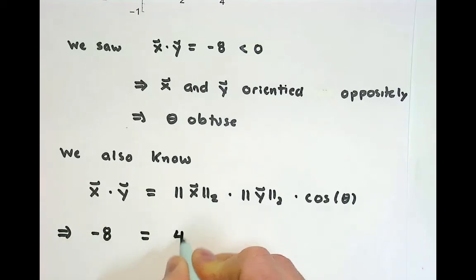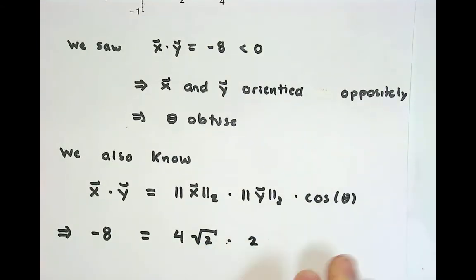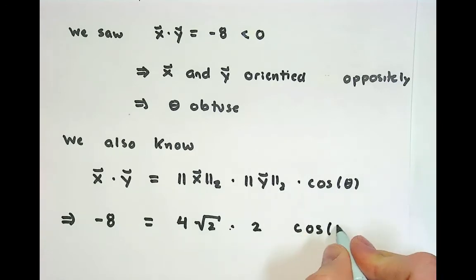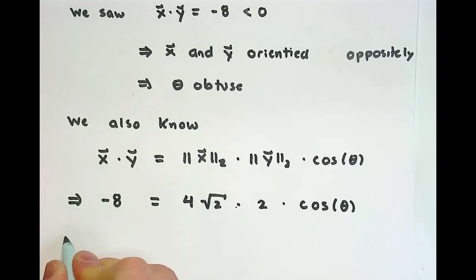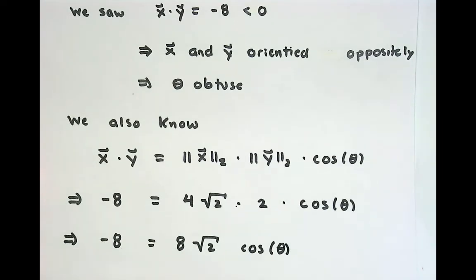We knew that the 2 norm of x was 4 square roots of 2. And then we know that the 2 norm of y was 2. This is from the work we did previously. And then this means that the cosine of theta is here. So now we have -8 equals 8 square roots of 2 cosine of theta.